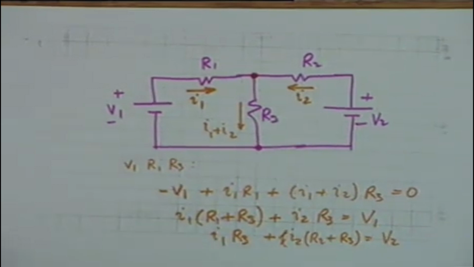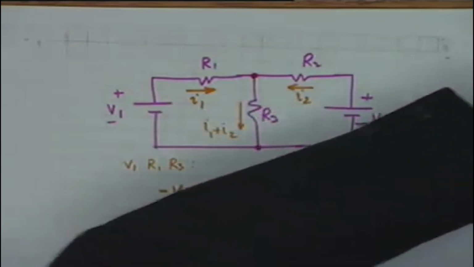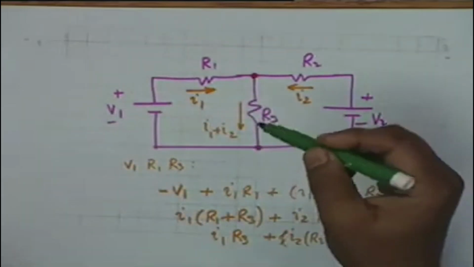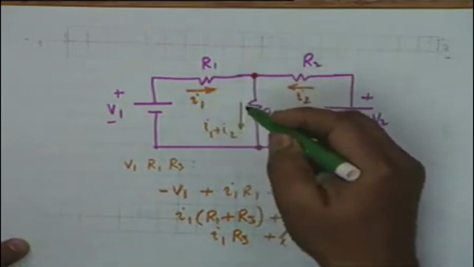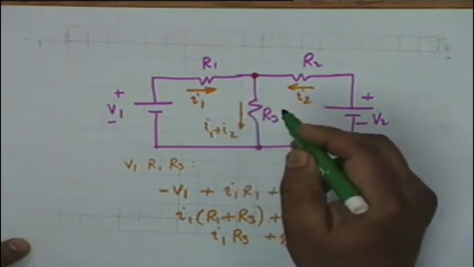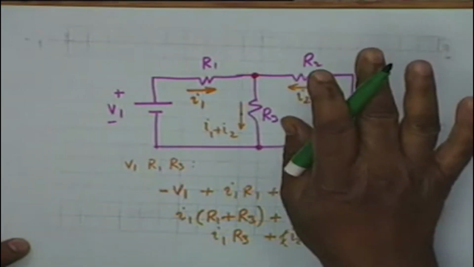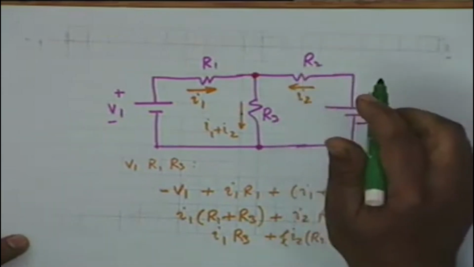Let me point out right at this point that instead of formulating arbitrarily two currents like this, we could have formulated a loop current. Instead of specifying a current here, I am taking a detour now to illustrate what is known as loop analysis.